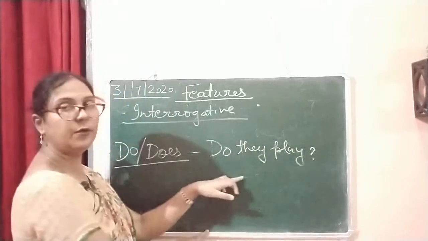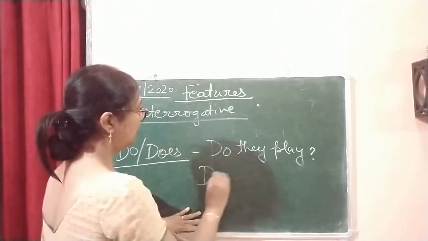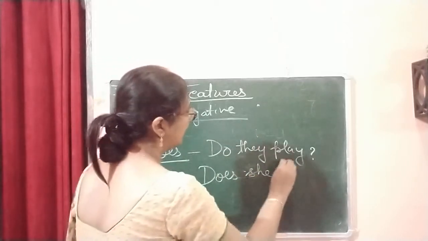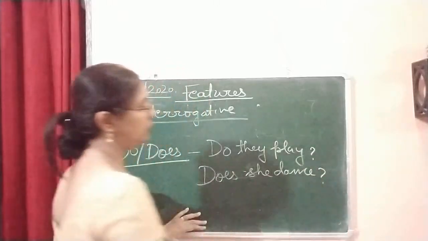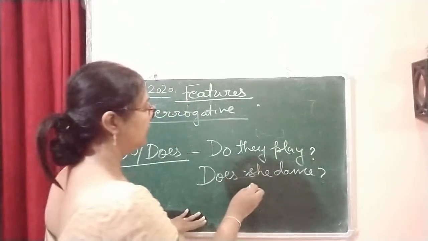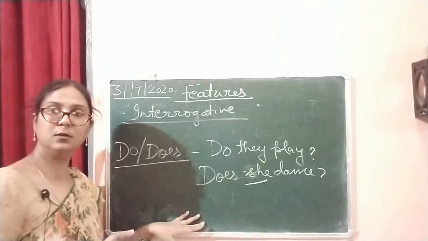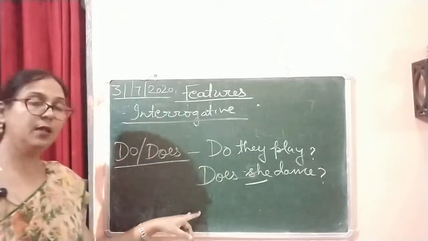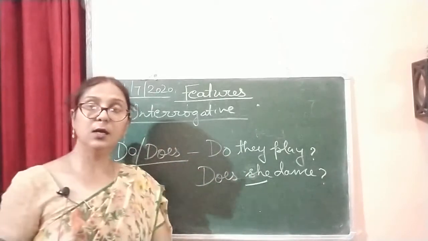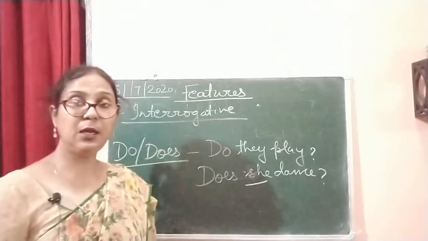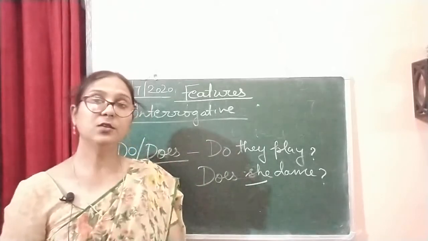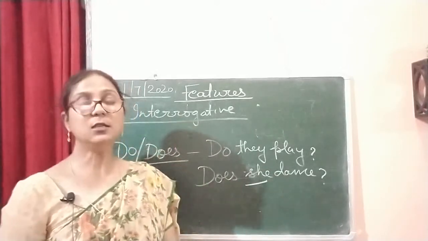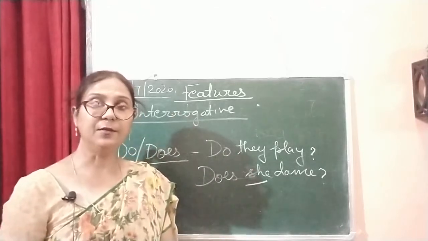This is used with plural. And with does, does she dance? Here I have used does with she because it is singular, and do with they because it is plural. So we have to learn this concept: do and does are auxiliary or helping verbs that can make a sentence interrogative and negative also.